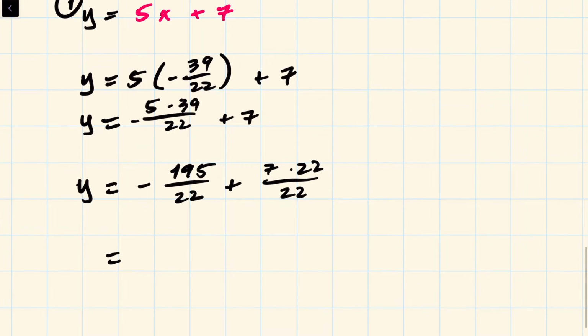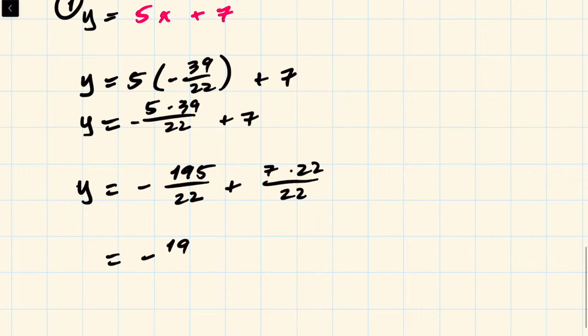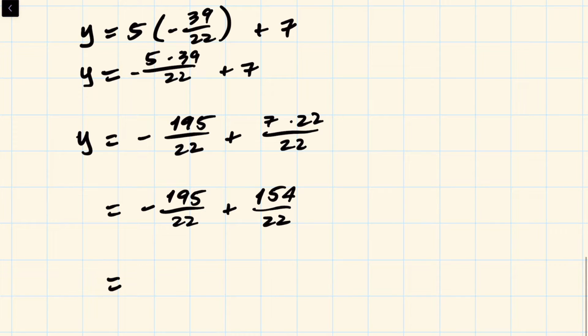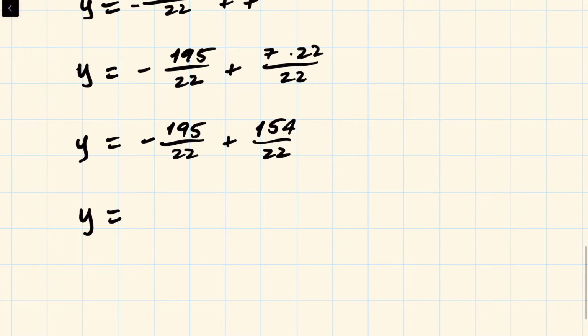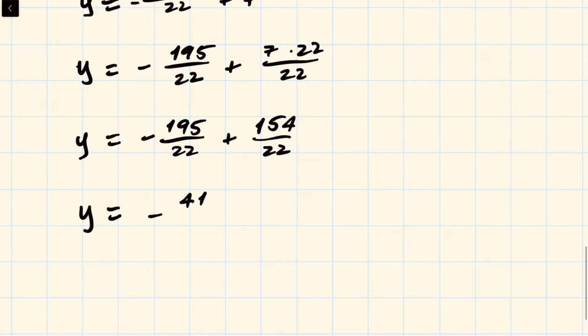So we're going to get negative 195 over 22 plus 7 times 22, which is 154. That's over 22. And then finally solving this here, it's 154 minus 195, negative 41 over 22.